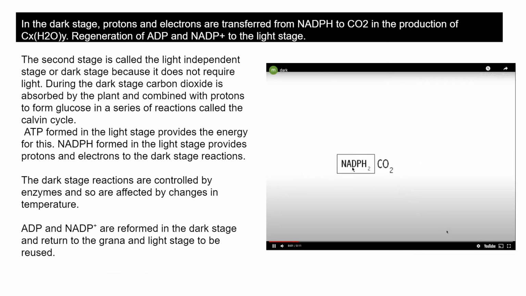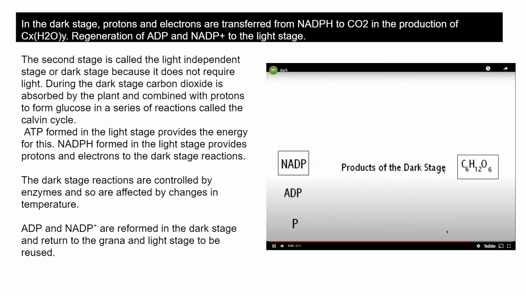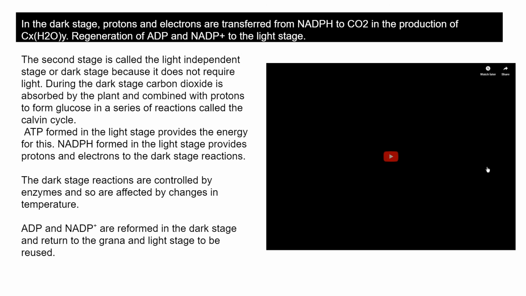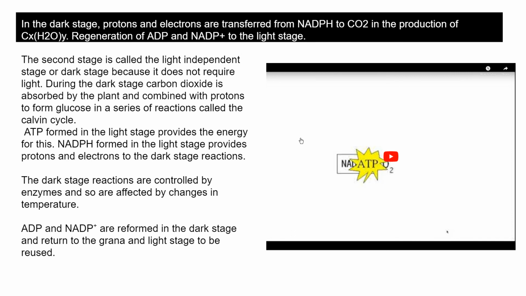So there's NADPH carrying protons and electrons to carbon dioxide, and the end result is glucose that's going to be converted into starch, and to be reused in the light stage we have ADP and P and NADP. They're going to be reused in the light stage. Okay, and that's the general summary.